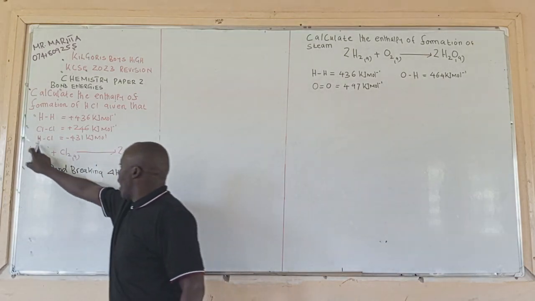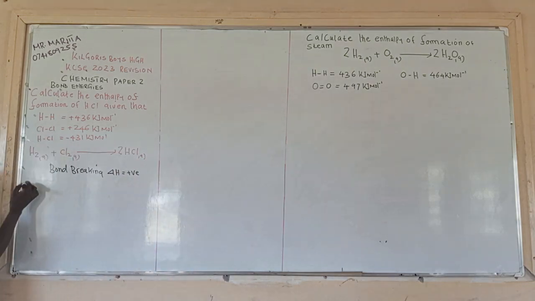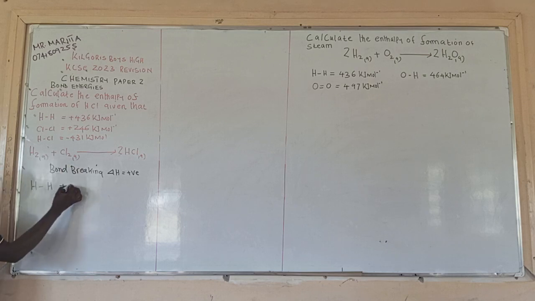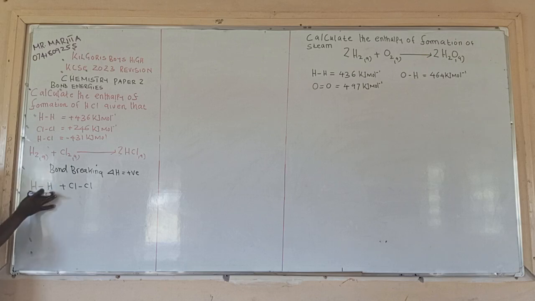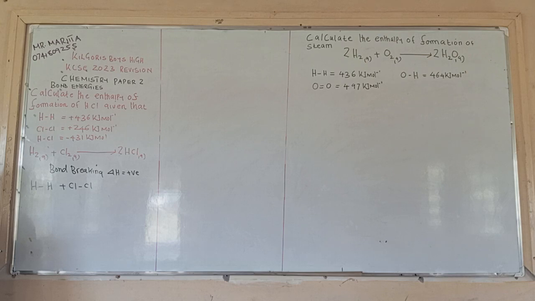So we have hydrogen, linked with another hydrogen, plus now here we have chlorine, linked with chlorine. So this is the bond breaking of hydrogen, and this is the bond breaking for chlorine.